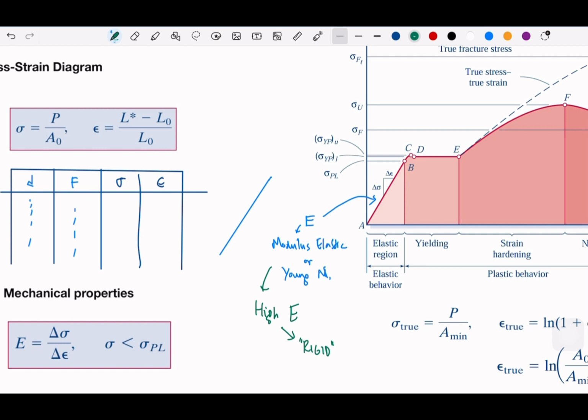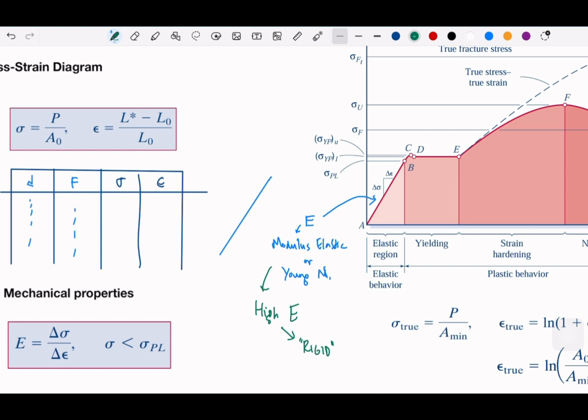Now after the elastic region, you see here this word, yielding. What does yielding mean here? It is going to take some time. The material will have some retention, so that its original form does not change.